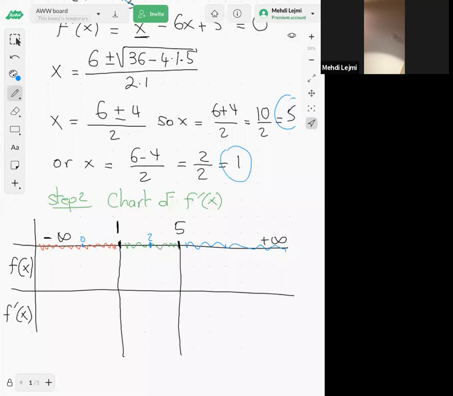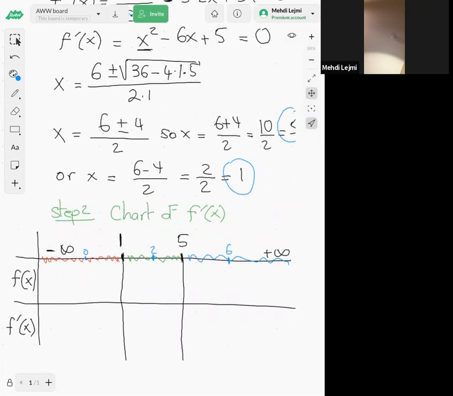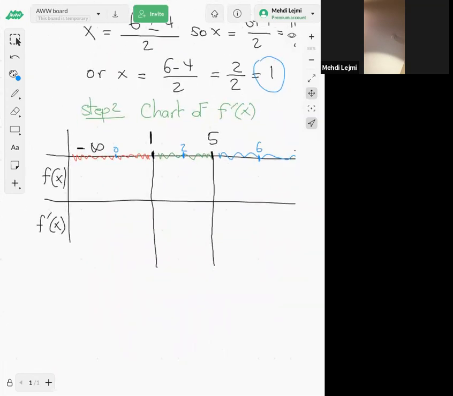And between 5 and positive infinity, let's pick, for example, 6, right? And I'm gonna plug these numbers in f prime of x. My f prime of x was x squared minus 6x plus 5, right? So let me just write down here for you. That's my f prime of x, right?